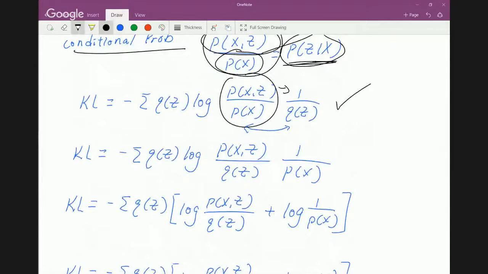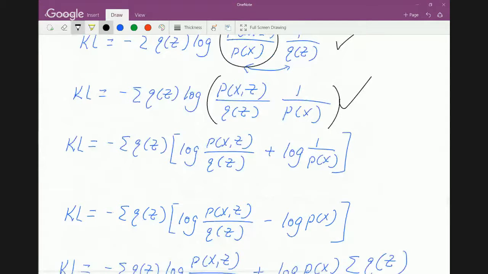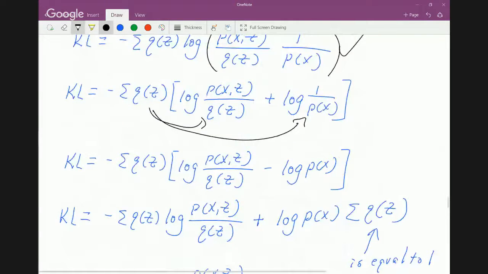And after that, over here I switched it, and because it's a logarithm, multiplication is the same as summation. So I split that, and then I distribute. I multiply this here and multiply this here. Is that what I did?